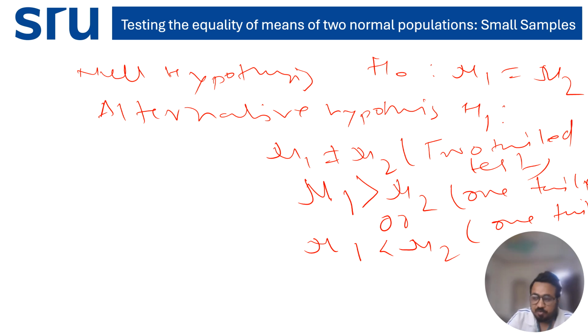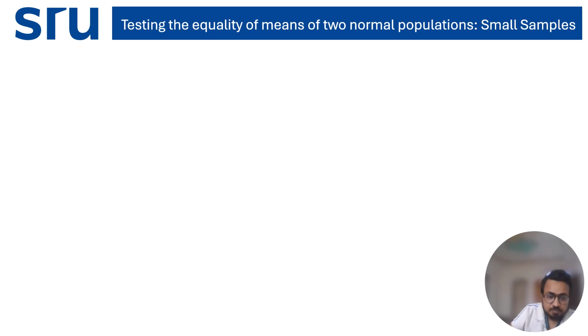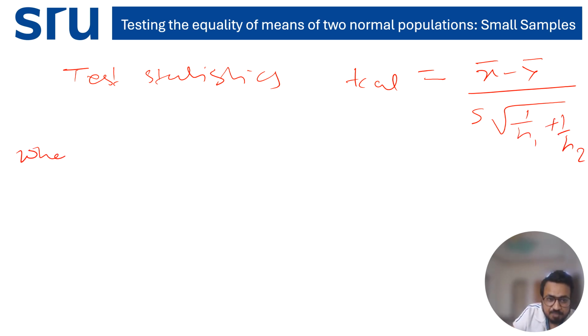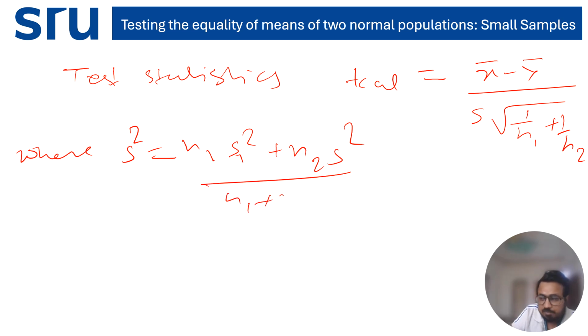Then we will find the t statistics value. The test statistic, the t calculative value, is equal to x bar minus y bar divided by s times the square root of 1 by n1 plus 1 by n2, where s square equals n1 S1 square plus n2 S2 square divided by n1 plus n2 minus 2.